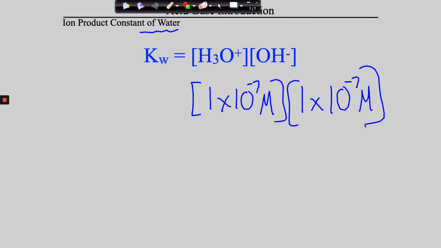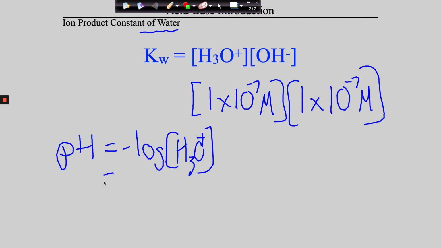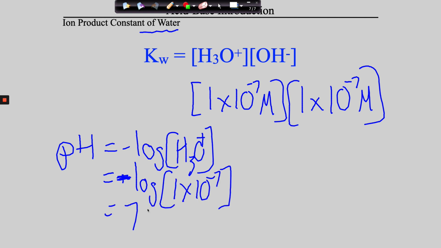You may remember that pH is equal to the negative log of hydronium ion concentration, which is equal to the negative log of 1 times 10 to the negative 7th. And guys, that's 7. That's why the pH of water at room temperature is 7.